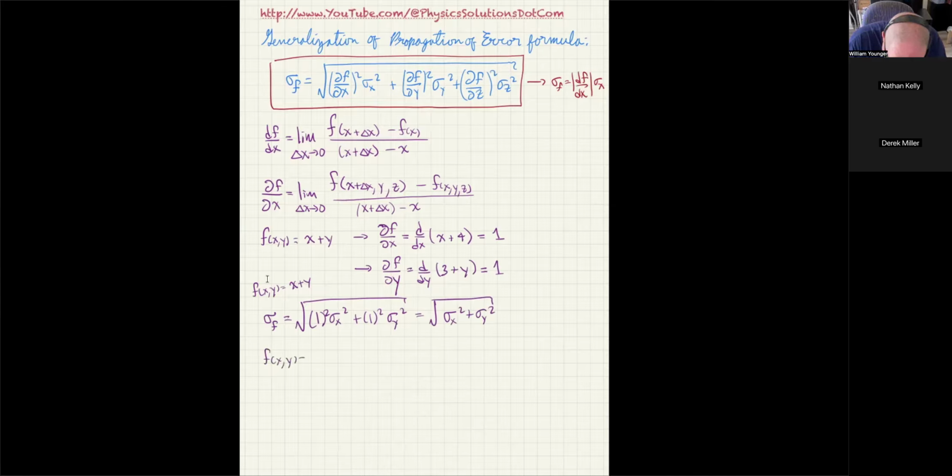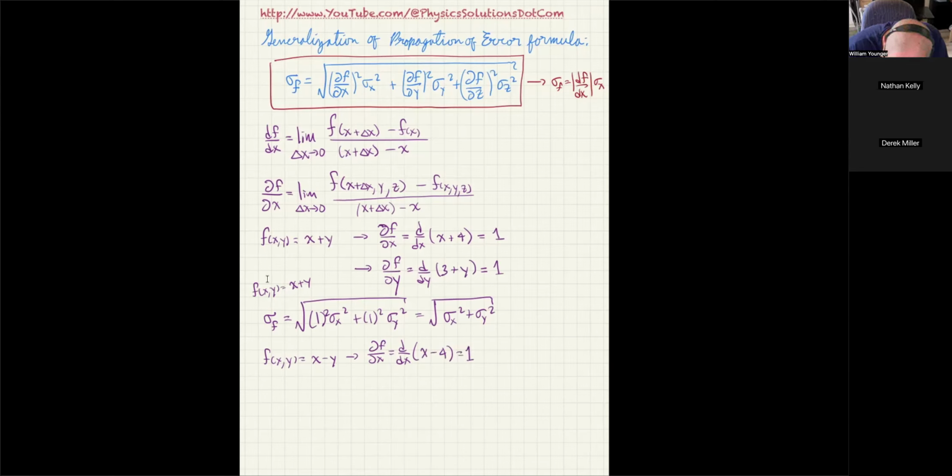Now let me try f of x, y equals x minus y. In this case, the partial of f with respect to x is d by dx of x minus 4, which again is just 1.